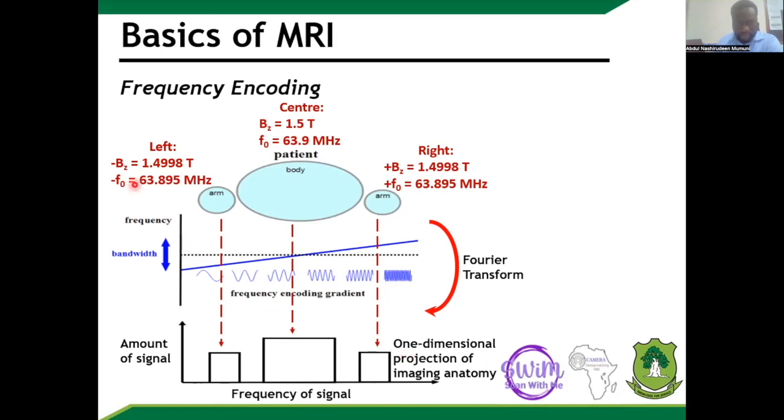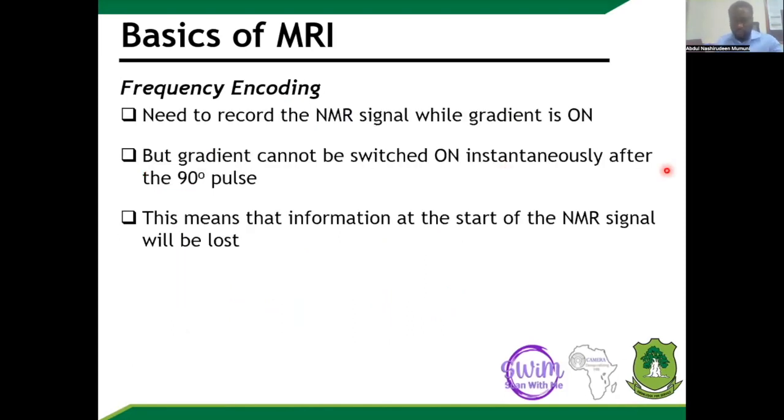And the frequencies you see here, those to the left are slightly less than the center frequency. That's the way it's supposed to be manipulated. And those above the center frequency to the right are also defined as such. So I'm not going into the details of the way the sequences interact, but just to say that in frequency encoding, we match the position of where the signal is coming from to the anatomy.